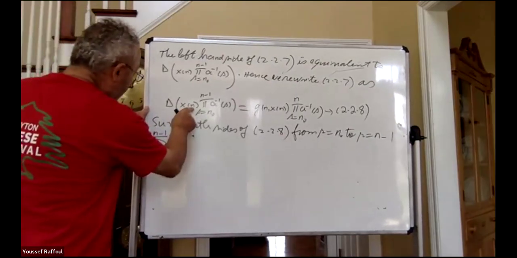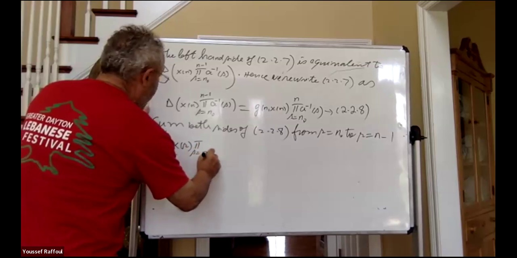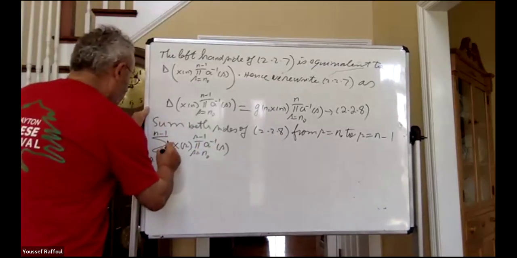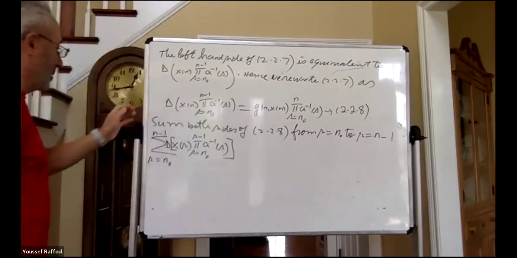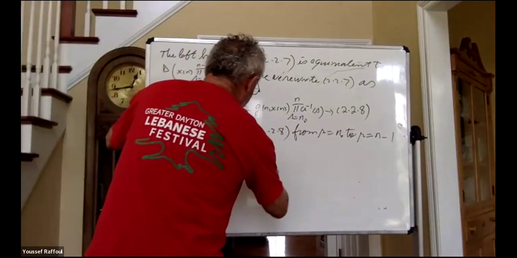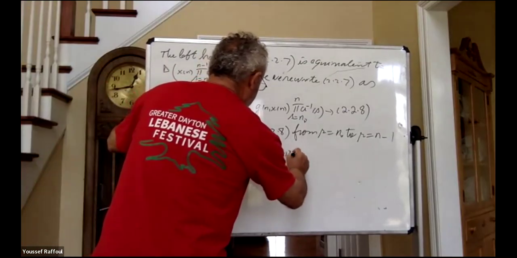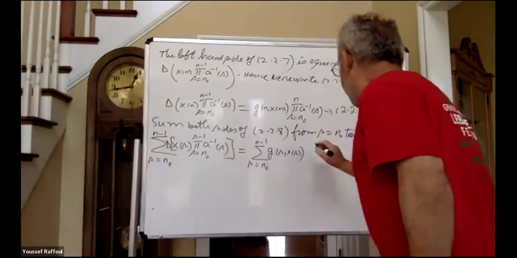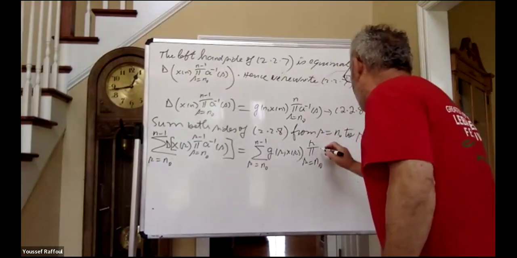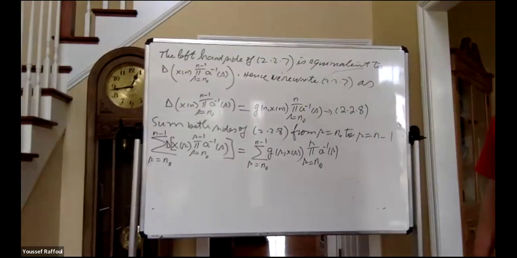Now I'm going to have to change the summation variable here to s: the sum over r from n0 to n minus 1 of the product s equal n0 to r minus 1 of a inverse of s, and that is equal to the sum over r from n0 to n minus 1 of g of r x of r, and this product becomes s equal n0 to r, a inverse of s. Okay?